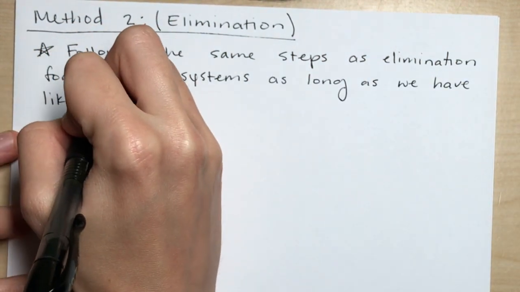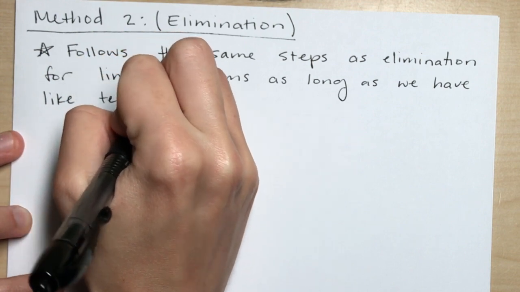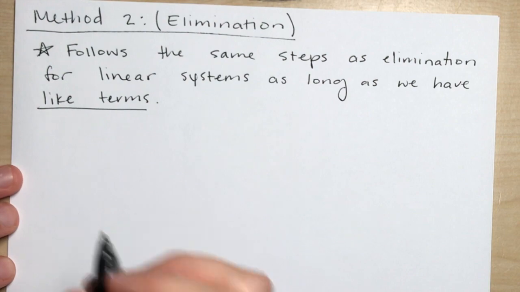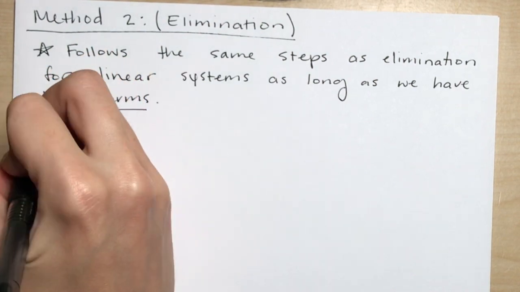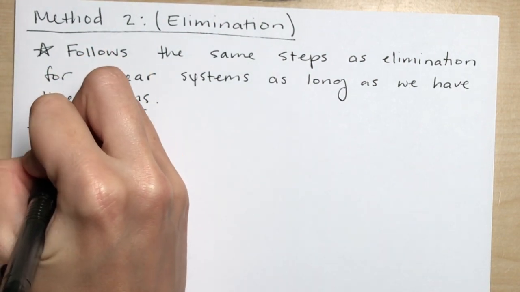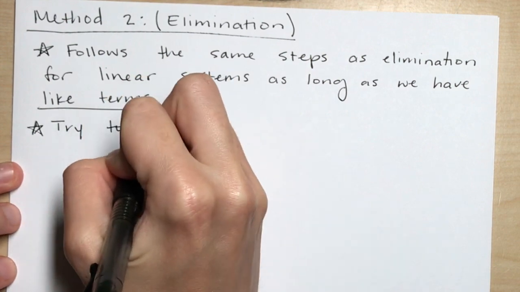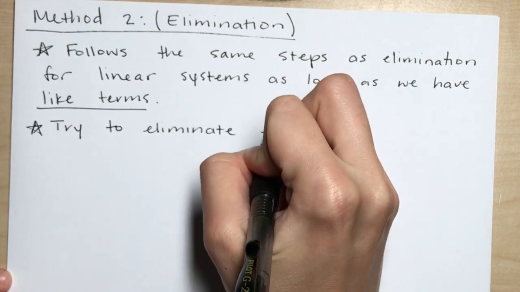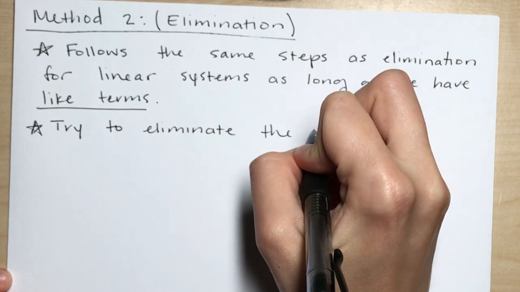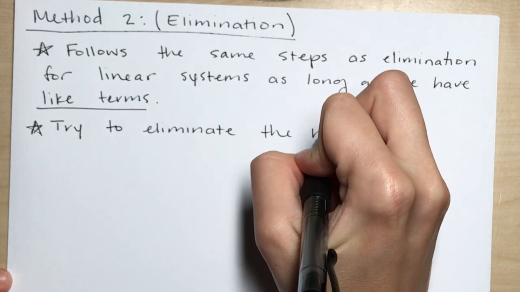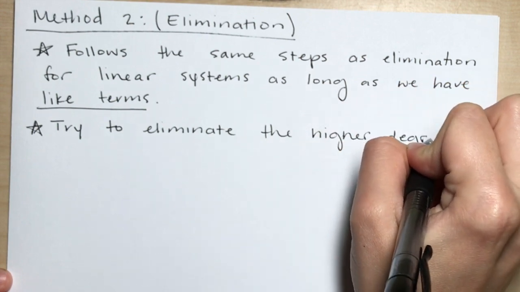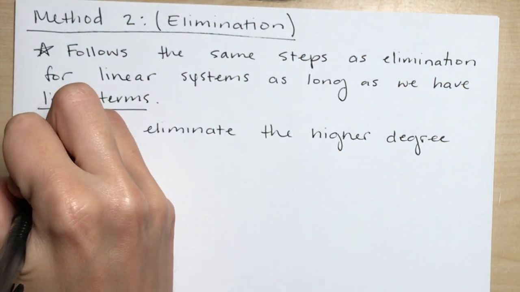That's very important. As long as we have like terms. And then just before we start, try to eliminate the higher degree variable if possible.